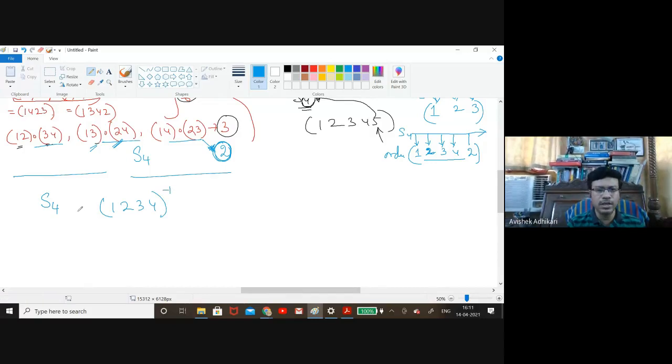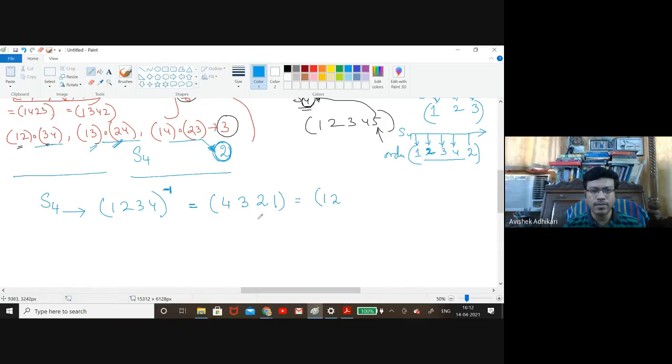Can anybody tell me what is the inverse of 1 2 3 4 in S4? Say 4 3 2 1.